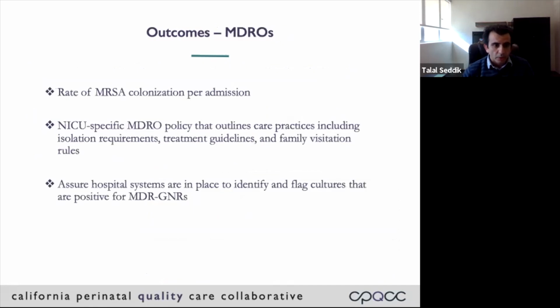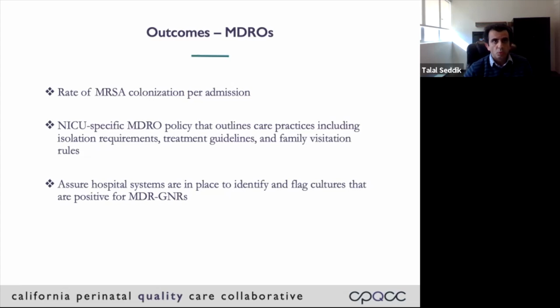For the outcomes of MDROs, you have a lot of measures that are proposed, and again, it's going to be very, very variable between NICUs. You could look at rates of MRSA colonization. You need to know your MDRO policy, specifically for gram-negative rods, because the definition of an MDRO varies from center to center, as does whether you should isolate those patients or not.